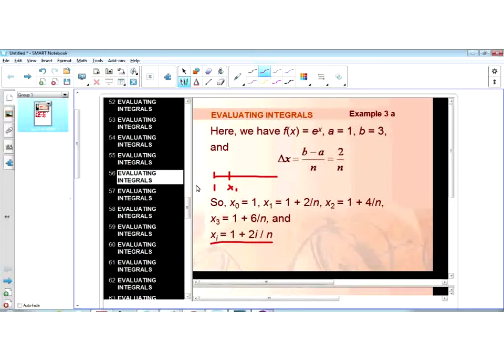So those would be the left sample points, the left endpoints. Delta x is 2 over n.